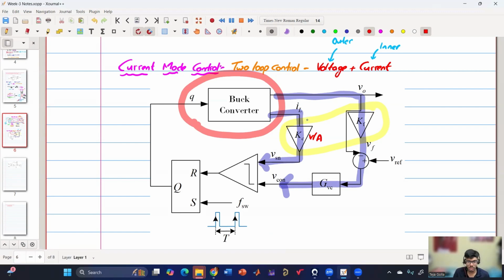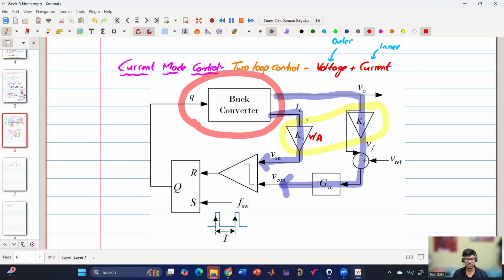So in this course, the details of the current sensing are not emphasized, but there is another course of sir where sir has discussed what types of current sensing are used, and what high bandwidth current sensing is. But that is not part of this course, so I'm not covering that. But if you are interested, you can go through the other course, which is digital control in switch mode power converters and FPGA based prototyping.